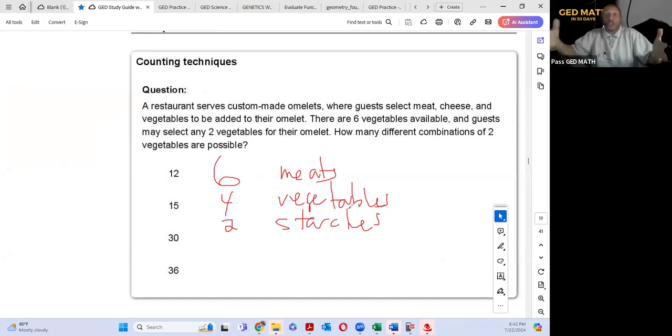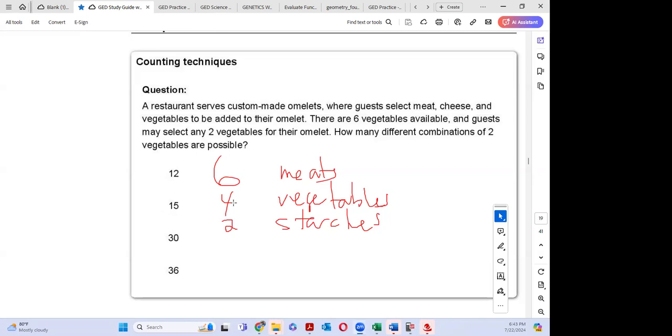Watch this. So I'm going to show you the 2 things you need to know for the GED. That's all. When you look up permutation combinations, your brain looks like, oh my God, what are you kidding me? So what I try to do in the ebook is show you the 2 different types that you're going to see. You're going to pick a choose and you're going to pick a combinations. Watch this. How many different combinations? 6 times 4 times 2.